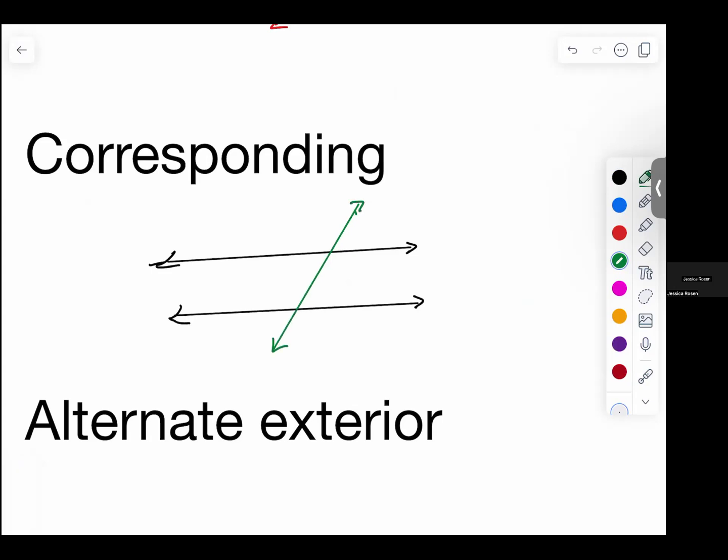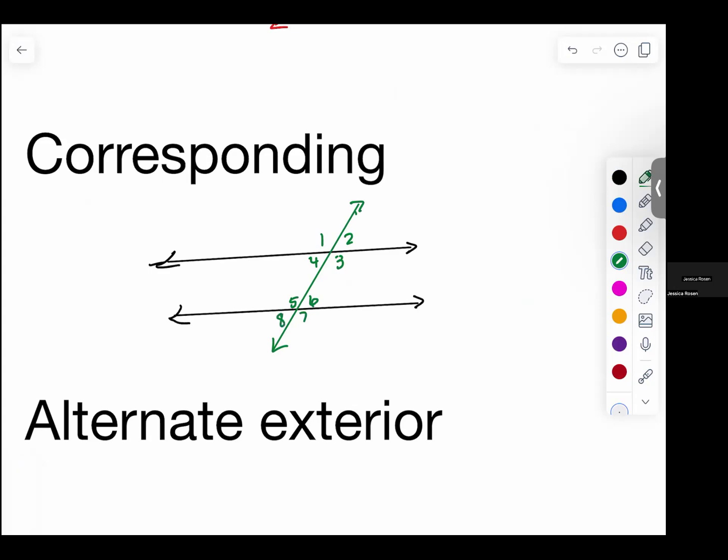Okay. And when we're talking corresponding angles, what this means is if I number them, which usually they do it like this. So just pay attention to the way that it's numbered.